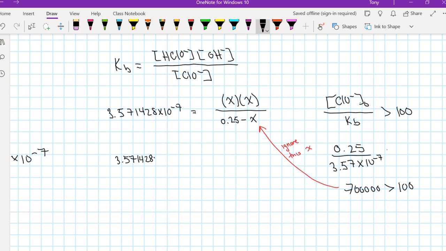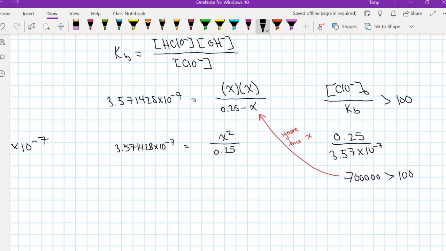So we're left with this essentially. This is equal to x squared over 0.25. From here, we can multiply both sides by 0.25 to get it out of the denominator on the right. And that's going to be equal to x squared. Evaluate that.